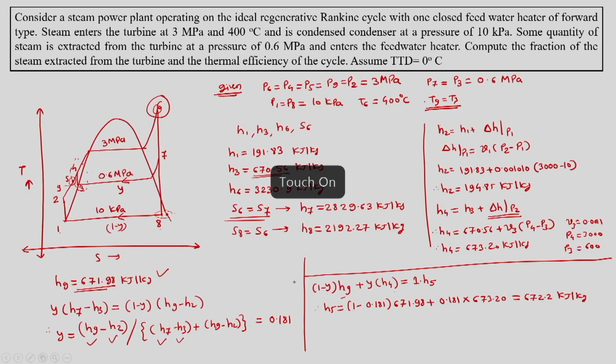We also need to find out Q out, which is 1 minus Y into H8 minus H1. So it is 1 minus 0.181, and H8 is 2192.27 minus 191.83. We found out H8 here using the matching of entropy at H6 and H8.